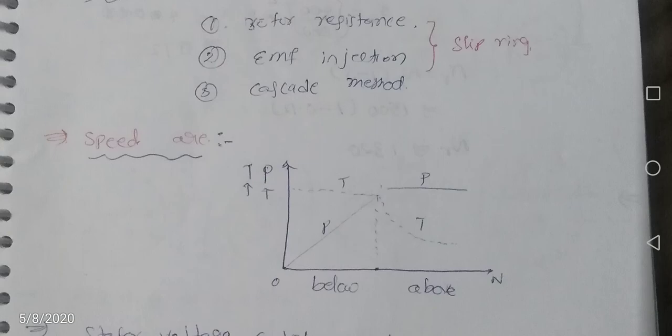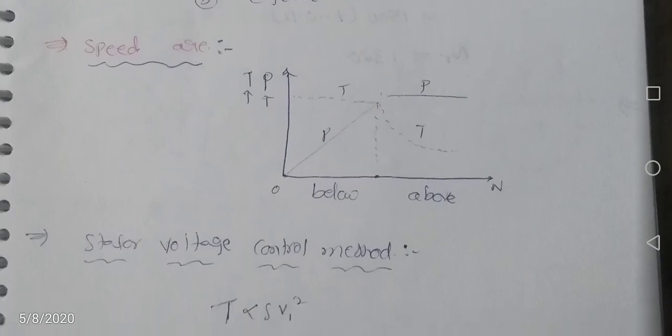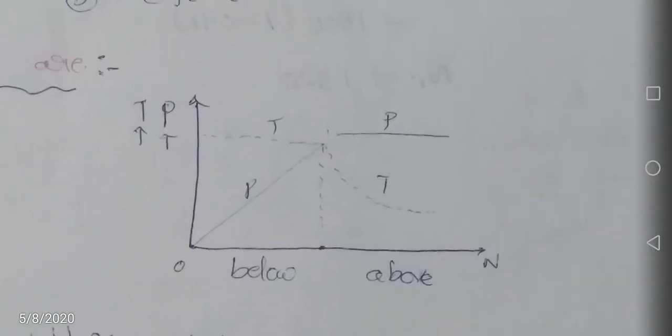The speed, torque, and power characteristics here: the speeds are taken as a reference. The speeds vary from 0 to maximum values. So we can say that it can be divided into two groups: below rated speed and above rated speed.